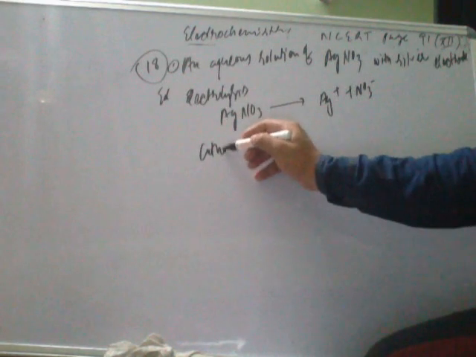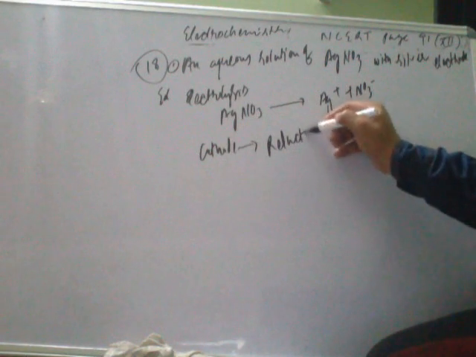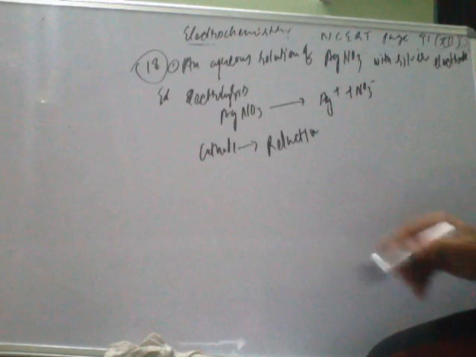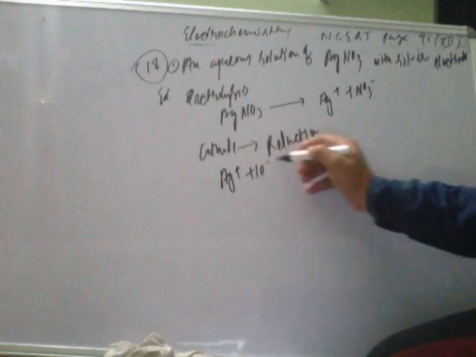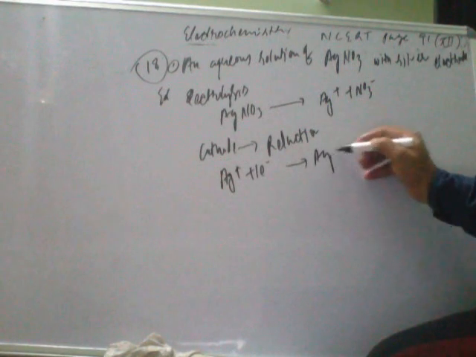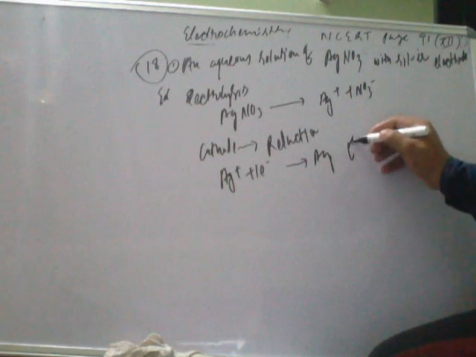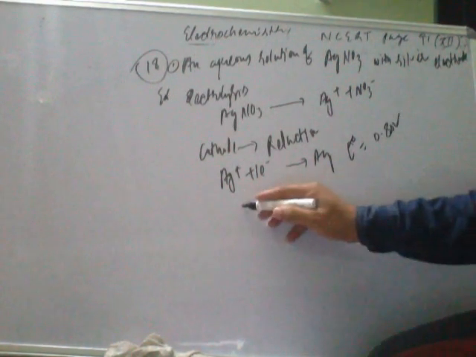Reduction reaction will take place at the cathode. So Ag+ plus one electron gives solid Ag. Its E naught value is 0.80 volt.